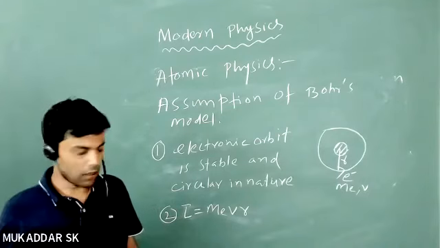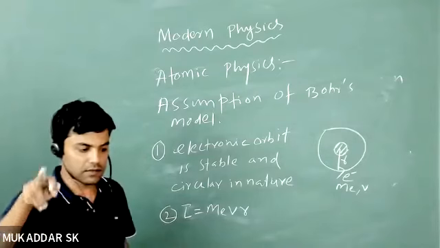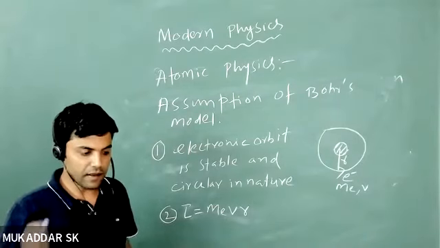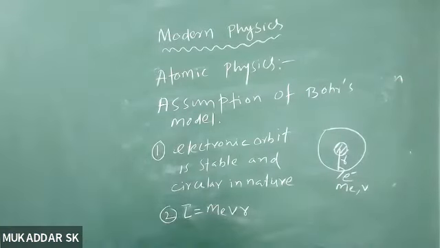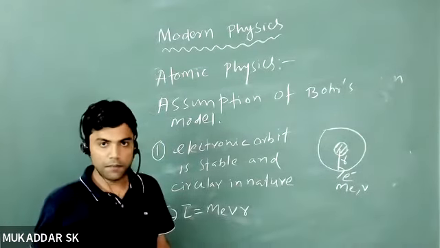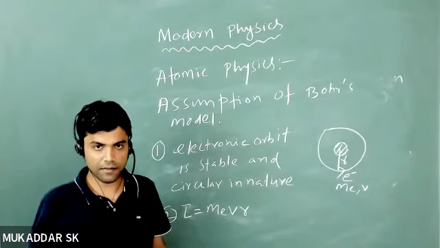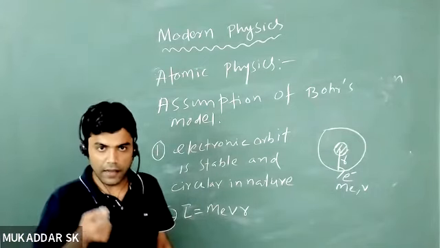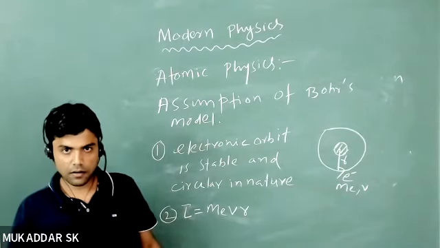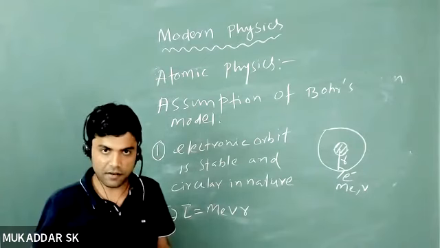Yes, sir. Now suppose the electron is revolving around that nucleus. Since it has speed, it will have some wave nature, is it not, according to the de Broglie hypothesis? A moving particle will have dual nature. So since it is revolving with some speed, it will have some wave nature.